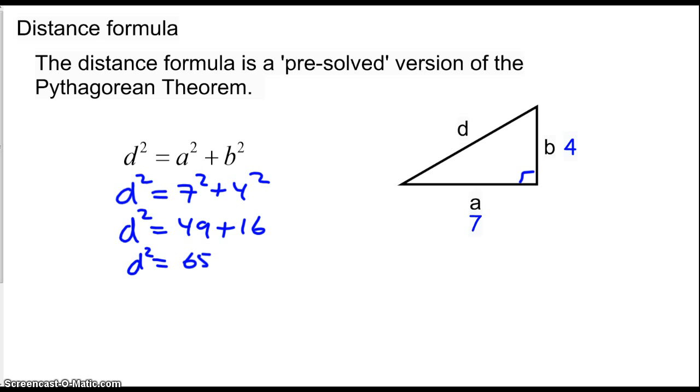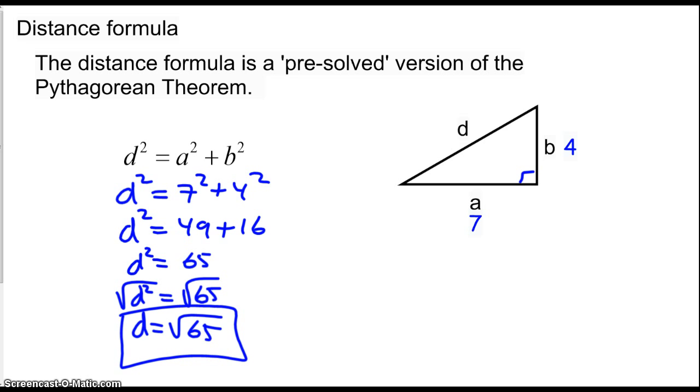And so to get d by itself, I have to undo squaring, so I would take the square root of both sides, right? And that means d would be the square root of 65, which I can't simplify. Now, you might be thinking I should put a plus or minus there, and you'd be right, except that since I'm talking about a distance it can't really be negative. So we would say it's the square root of 65.